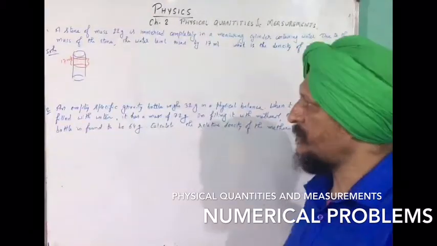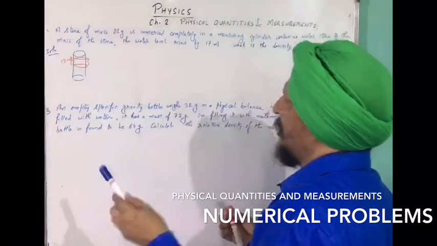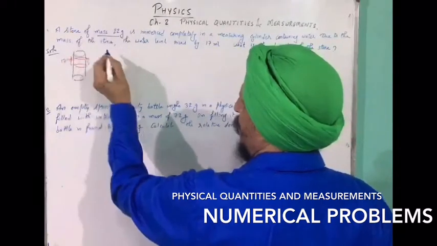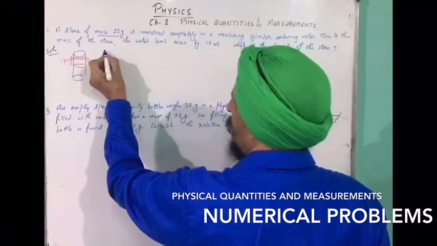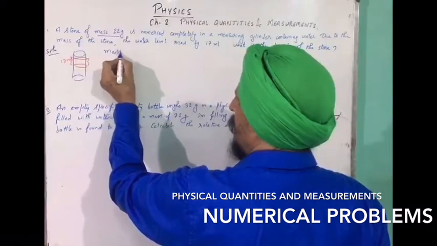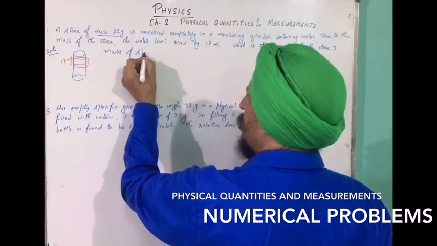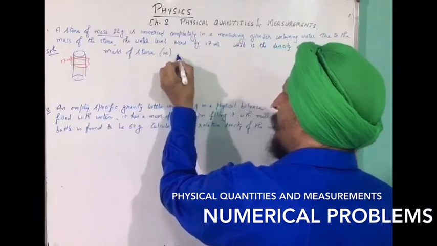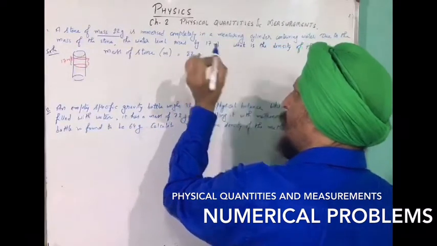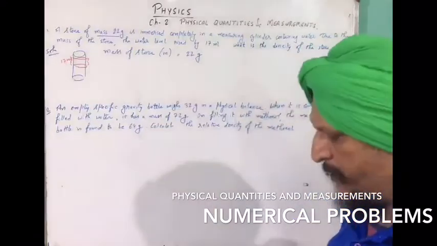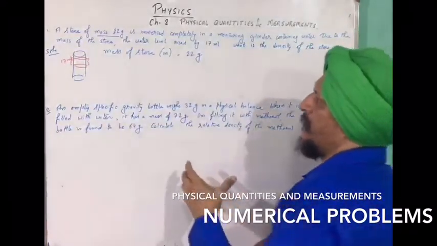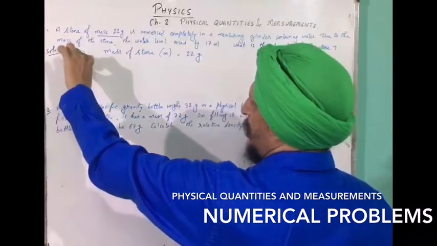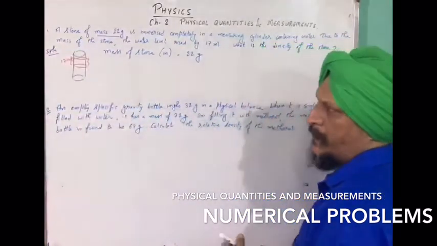First of all, what is given here? Mass of stone, M, is 22 gram. When it is immersed in the measuring cylinder, the level of water rises by 17 milliliter.